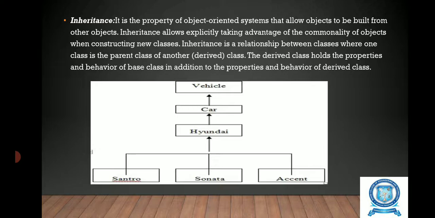We have a parent class and the other classes which are derived from it are called derived classes. The derived class holds the properties and behavior of the base class in addition to the properties and behavior of the derived class. The derived class encapsulates all the properties both from the base class and from the derived class.